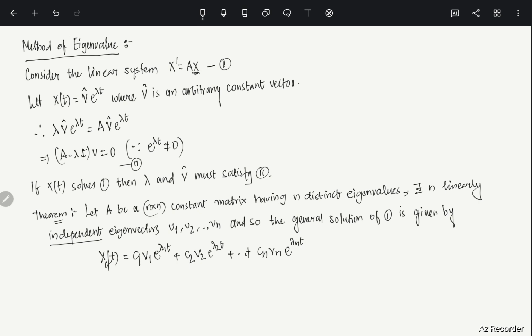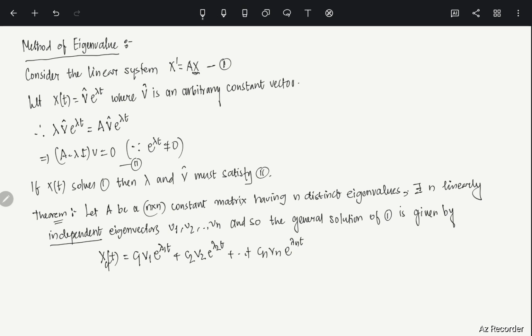Now if initial data is given, then you can precisely calculate what c1, c2, cn are, and then your solution is going to be a unique solution. So you can compare this with the fundamental matrix and the matrix exponential.